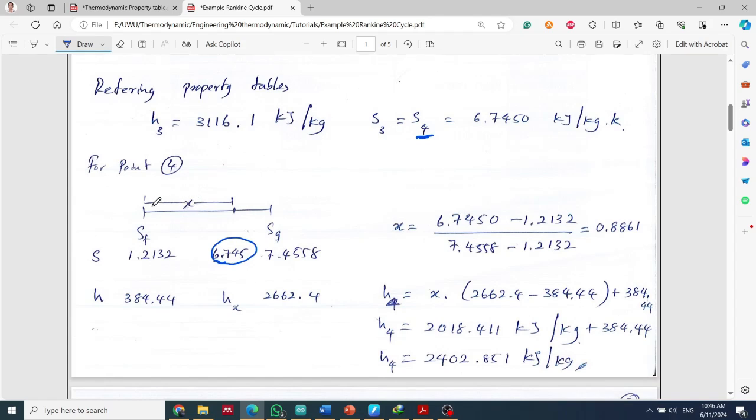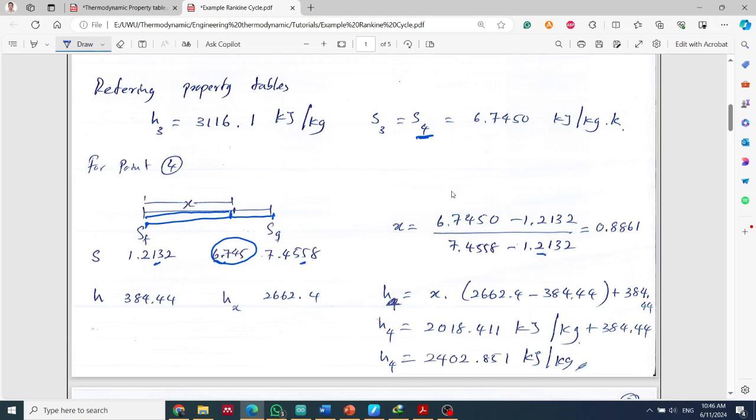Now the next thing is we have to find the portion of that one, right. So let's take this portion as x. Then we can write x equal to this value 6.745 minus this value, that means this length, divided by this whole length, right. Okay, that is what is done in here. 6.7450 minus 1.22, that means this length, divided by 7.4558 minus the first value, right?